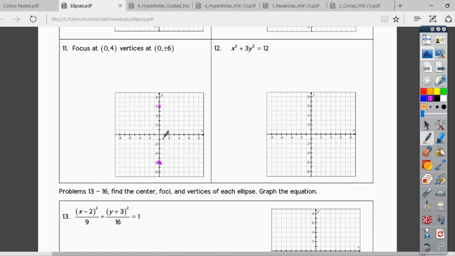So we can see this is a vertical ellipse because the focus is going to be on the vertical axis. So we have a focus here. If we have a focus at 0, 4, we also have a focus at 0, negative 4. And we have a center at 0, 0. So center at 0, 0.